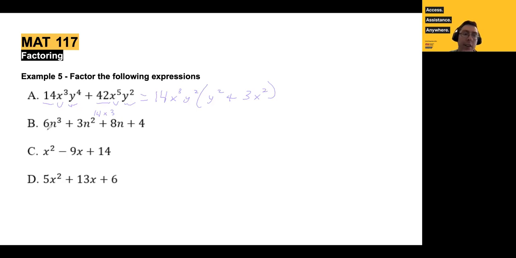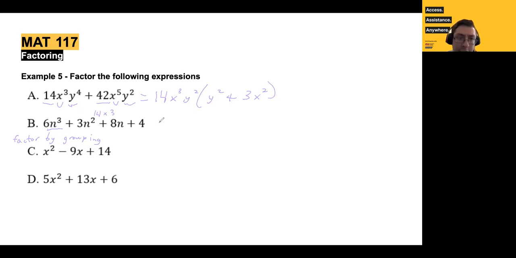And now we have a cubic polynomial for part B. And if I remember, factor by grouping is really all that we can do here. Yeah, factor by grouping.